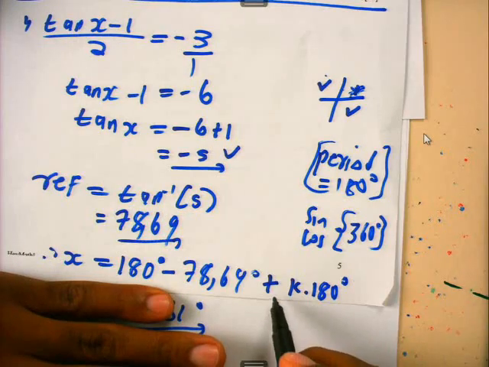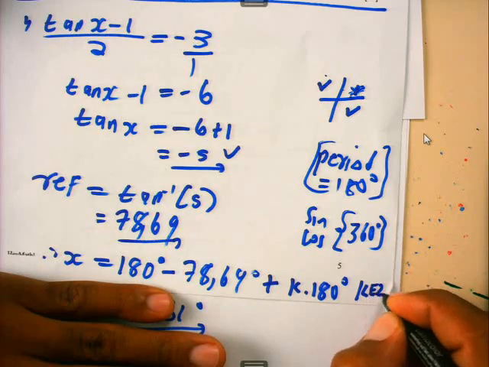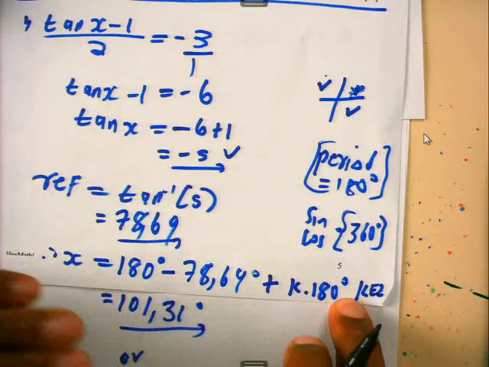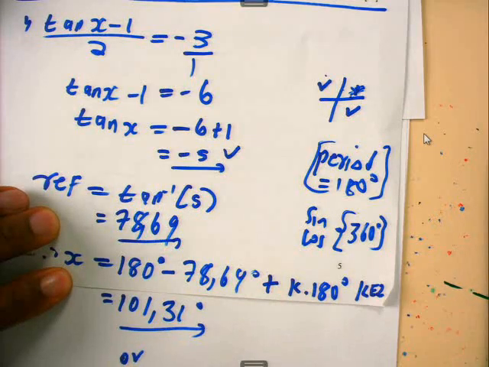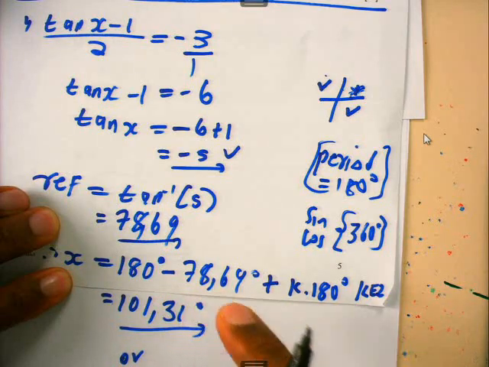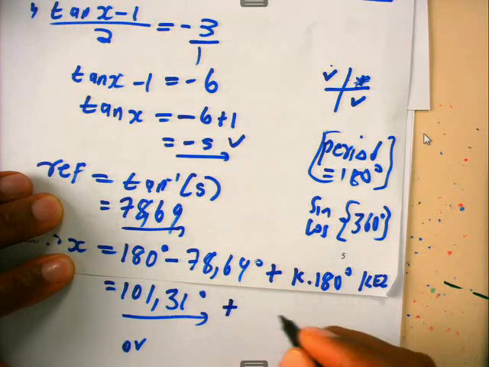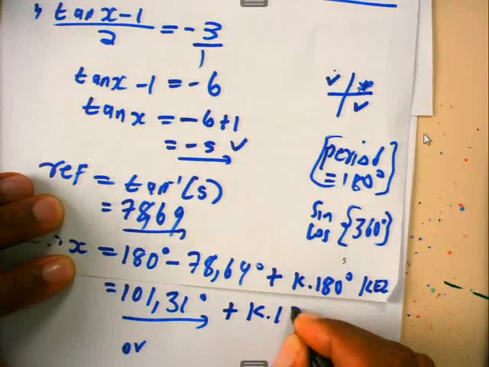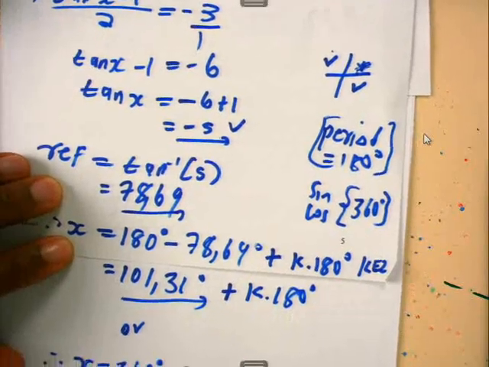You must also indicate that k is an element of the integers. Then you can simplify: 180 degrees minus 78.69 is 101.31 degrees, plus k times 180 degrees. It is very, very important.